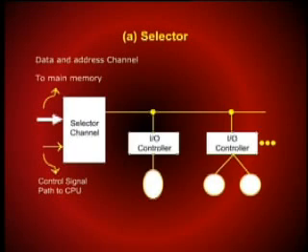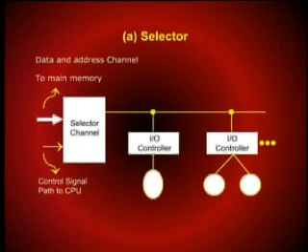A selector channel controls multiple high-speed devices and at any one time is dedicated to transferring data with one of these devices. Therefore, the IO channel selects one device and executes the transfer of data.